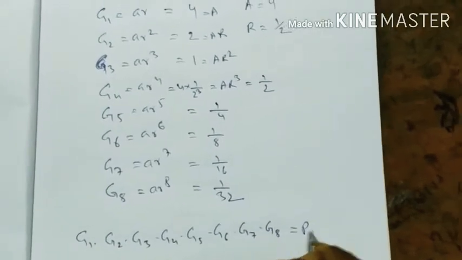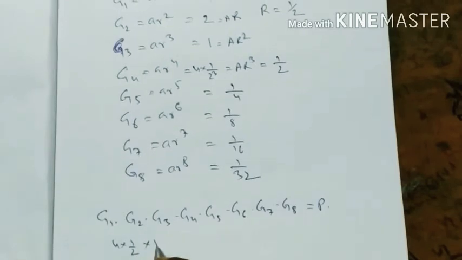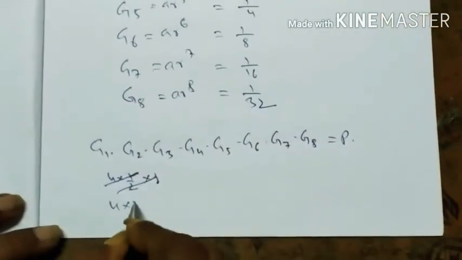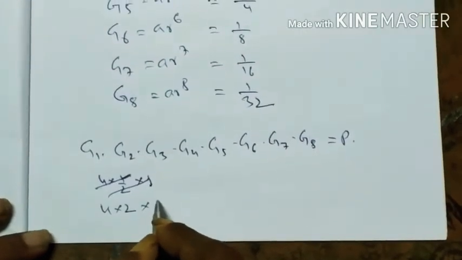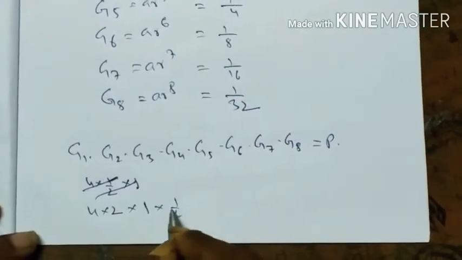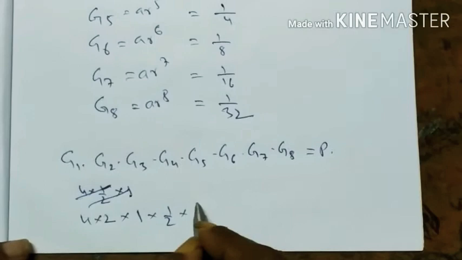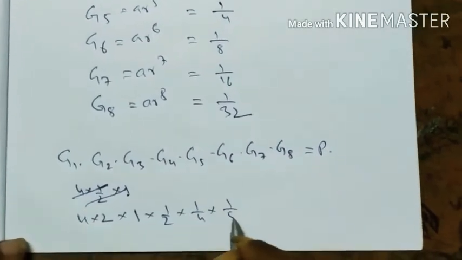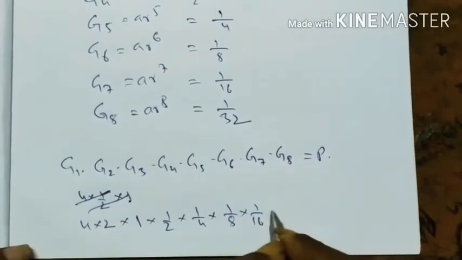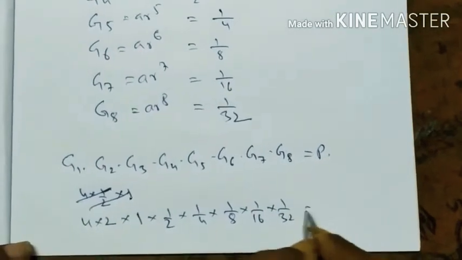This is P. That means 4 into 1 by 2 into 1 by 4 into 2 into 1 into 1 by 2 into 1 by 4 into 1 by 8 into 1 by 16 into 1 by 32 is your P.